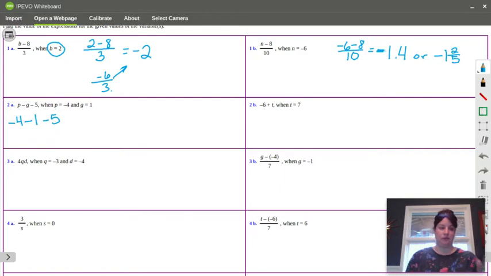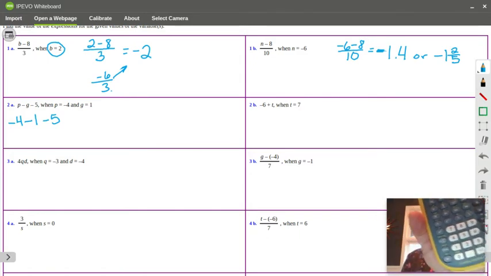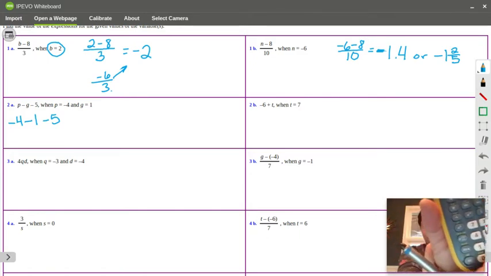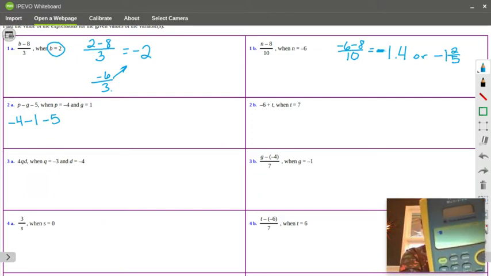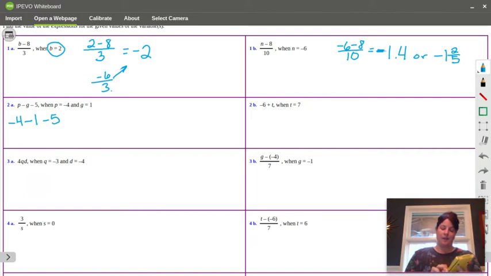So on my calculator, I clear out the screen. And to do a negative number on the calculator, you use this button right here, this negative. That'll give you your negative sign. So -4 minus 1 minus 5 gives us -10.